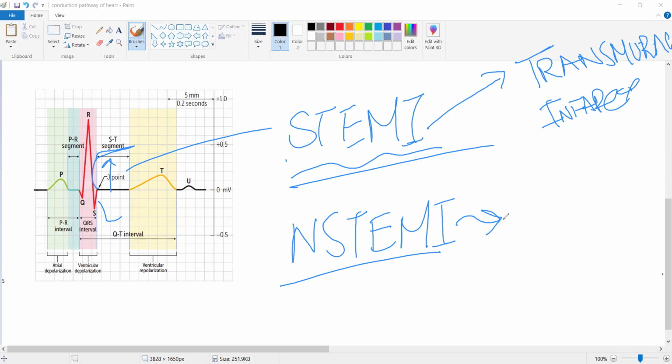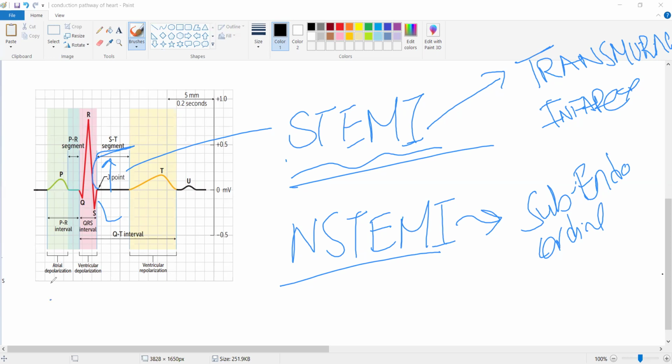Only the interior is affected. The endocardium is affected, a subendocardial infarct. What about the cardiac marker in ST segment elevation and non-ST segment elevation myocardial infarction? Raised in both conditions, raised only in STEMI, or decreased in both? What do you think?